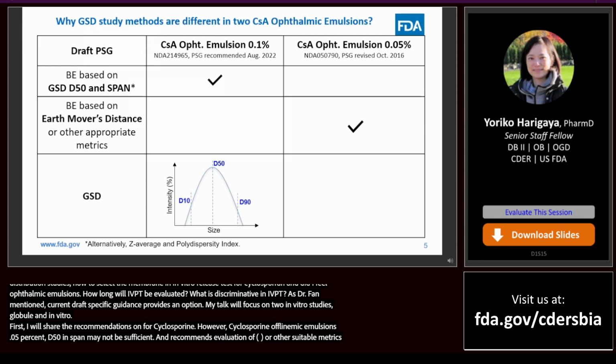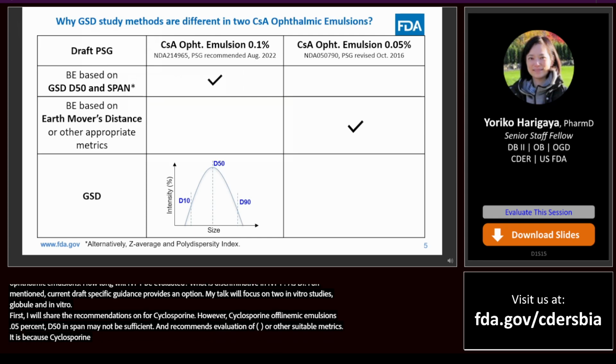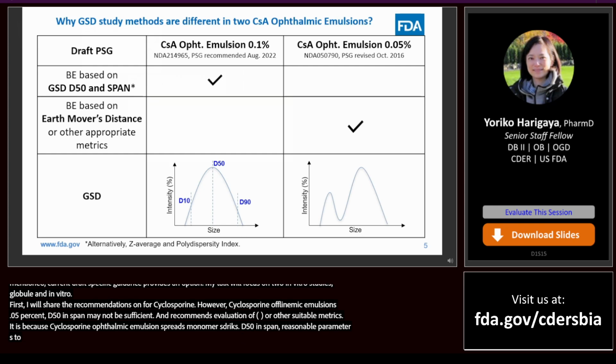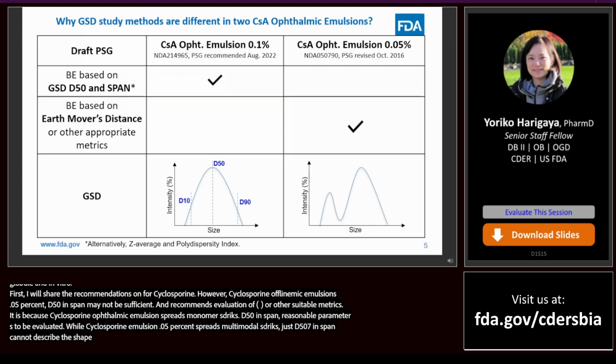It is because cyclosporine ophthalmic emulsion 0.1% displays monomodal distributions. D50 and span are reasonable parameters to be evaluated. While cyclosporine ophthalmic emulsion 0.05% displays multimodal distributions, thus D50 and span cannot describe the shape of distributions.